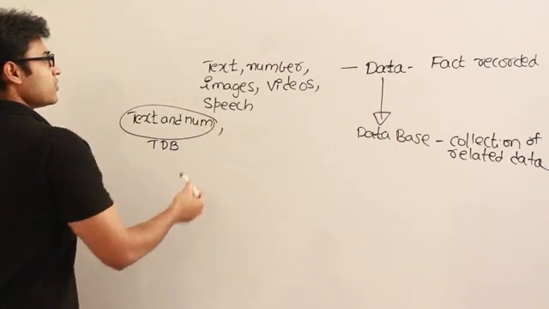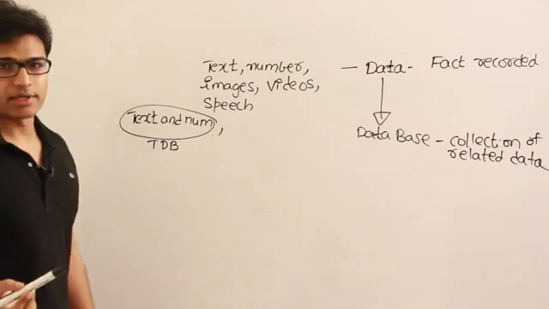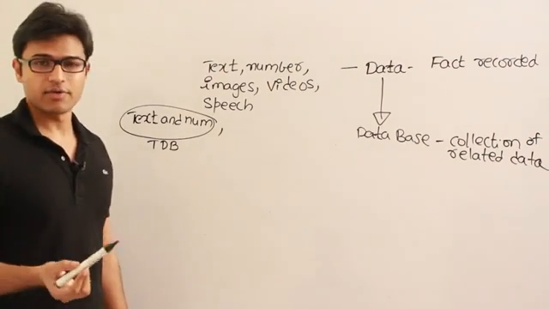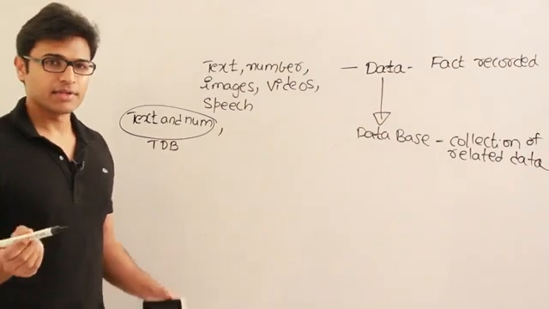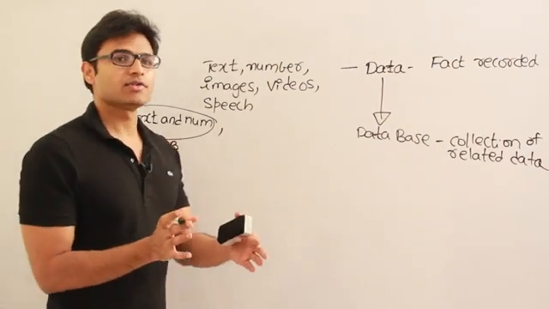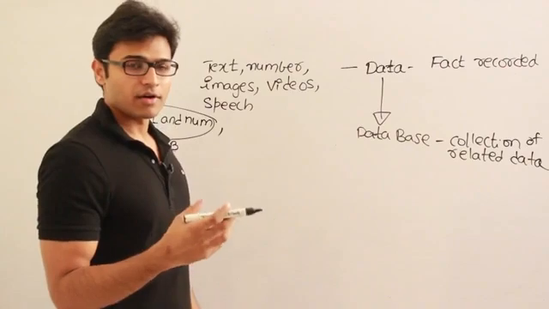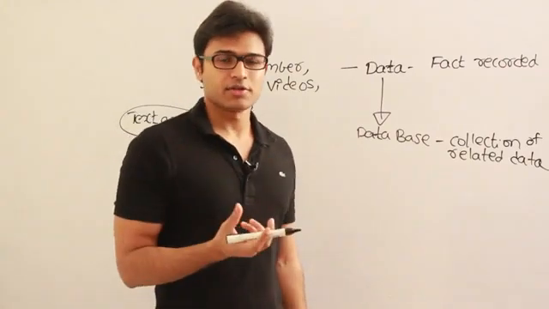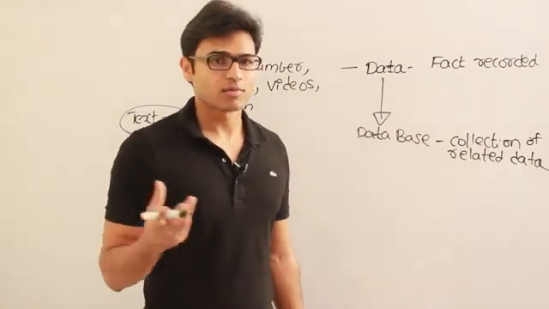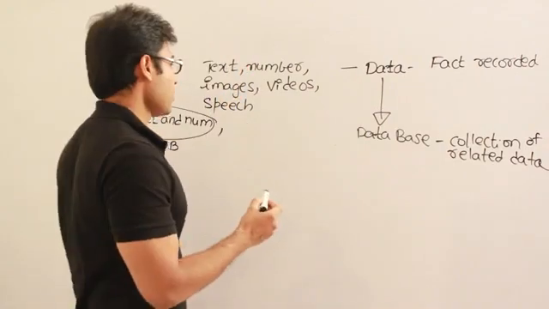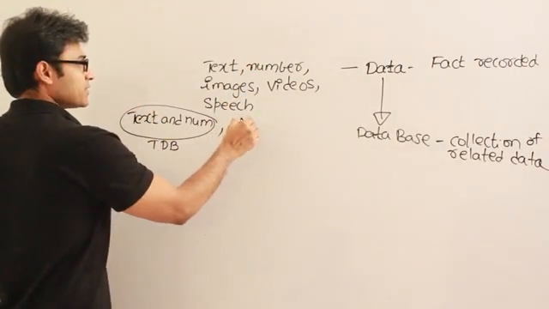And recently, with videos being uploaded and downloaded at a very frequent pace, a database of videos has been created, or a database of speech, or songs or movies, anything like that, and that is called a multimedia database.